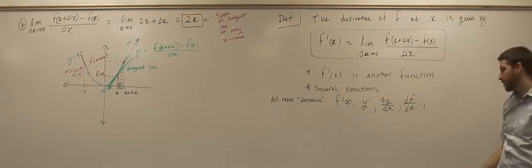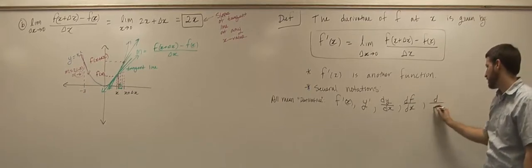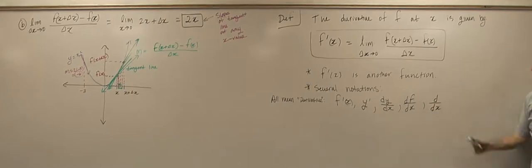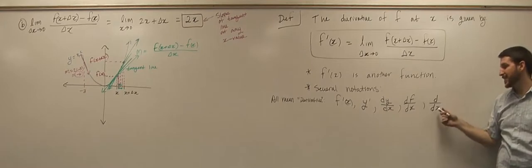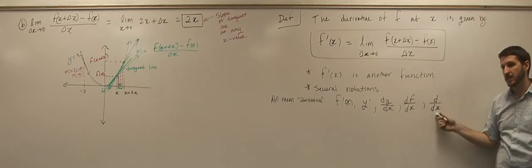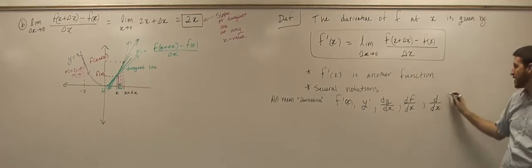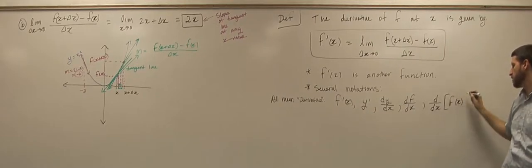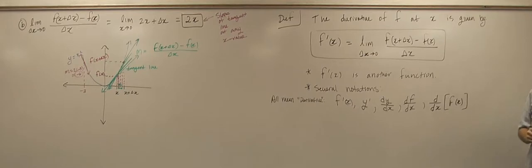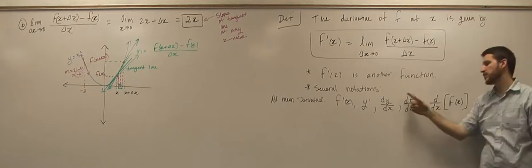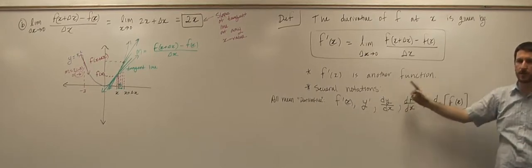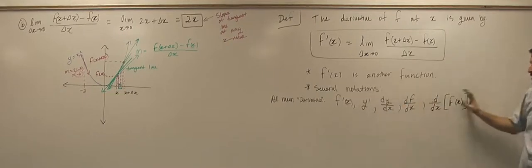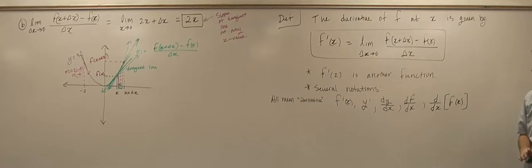Or, if it helps the author a little, you might just see d divided by dx, and then it'll be applied to some function, like this. So really, when you start seeing these d's, derivative, and when you see primes, derivative. These all mean take the derivative of your function.